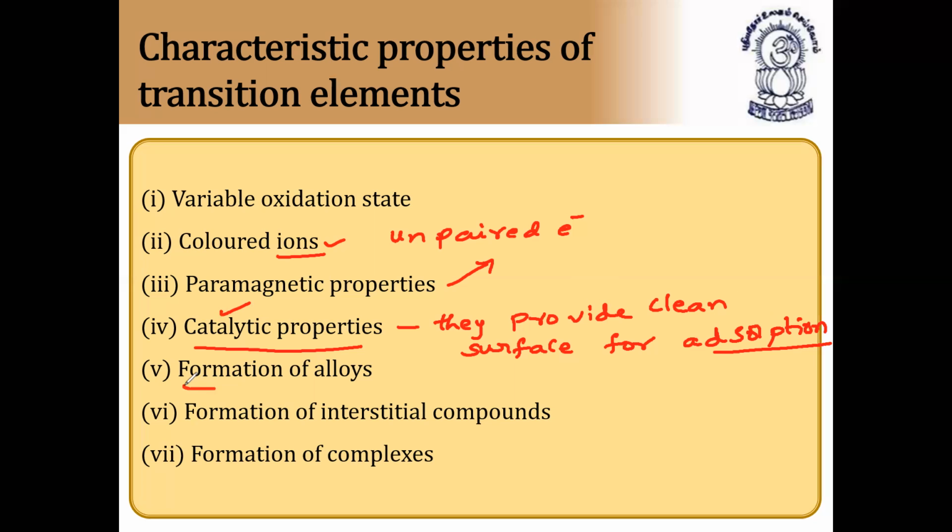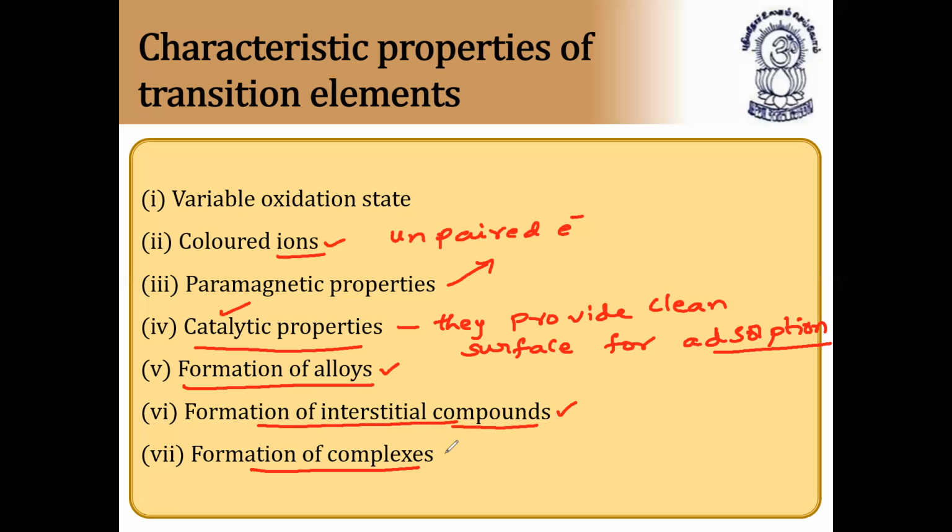Most of the transition metals form alloys, interstitial compounds, and complexes. All these topics are most important. These are the general characteristics of transition elements. What are alloys? Alloys are a mixture of two or more metals in a suitable proportion, like stainless steel. Stainless steel is an alloy. Formation of interstitial compounds: due to the variable valence, they form interstitial compounds, which we also discuss.